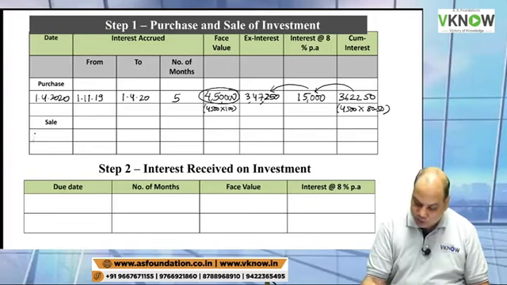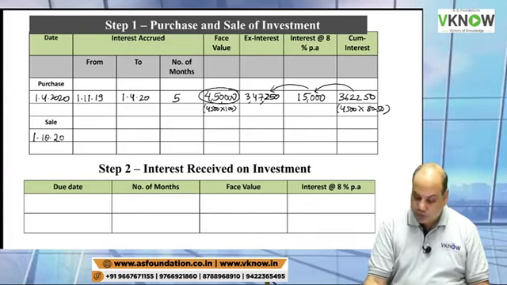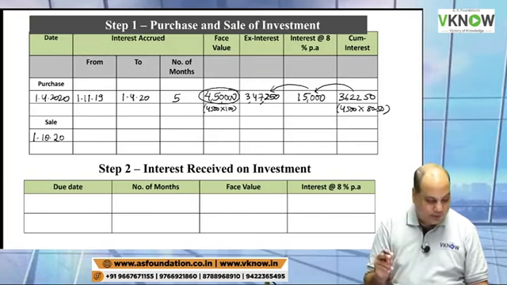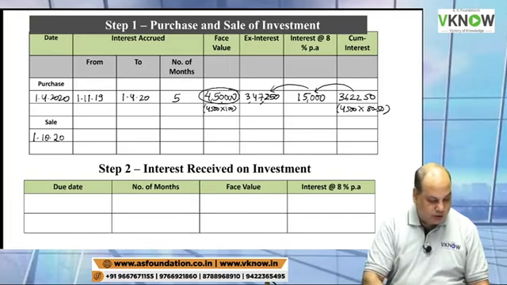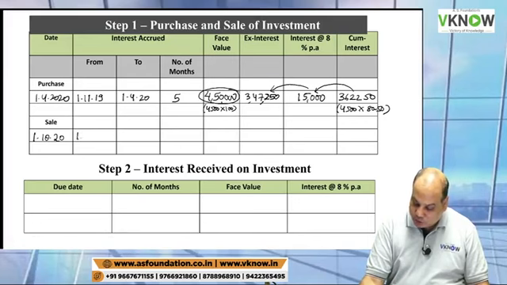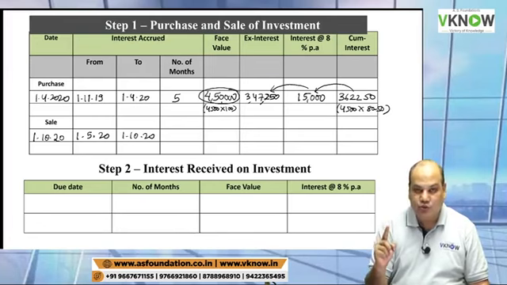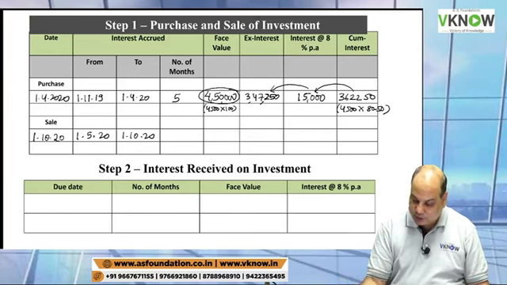In this question, there is one sale transaction also, on 1st October 2020. Interest payment dates are 1st November and 1st May, which means the interest will start accruing from 1st May 2020 to 1st October 2020: May, June, July, August, September, 5 months.